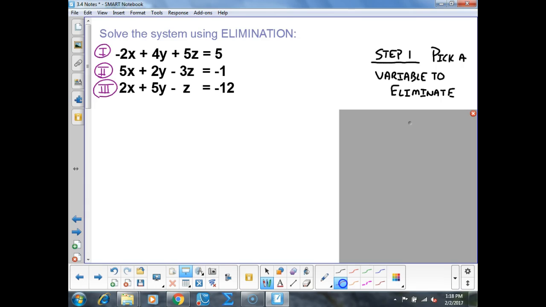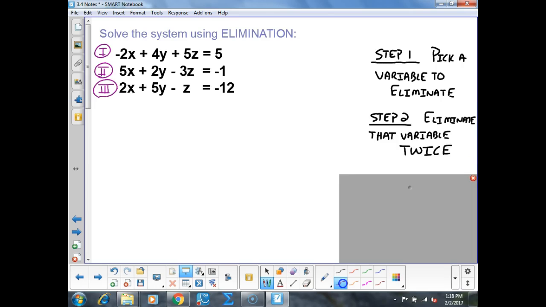Eliminating x? Okay. Well, we're going to have to eliminate x twice. So the first time, let's take the easy one. Let's add equation number 1 to equation number 3.